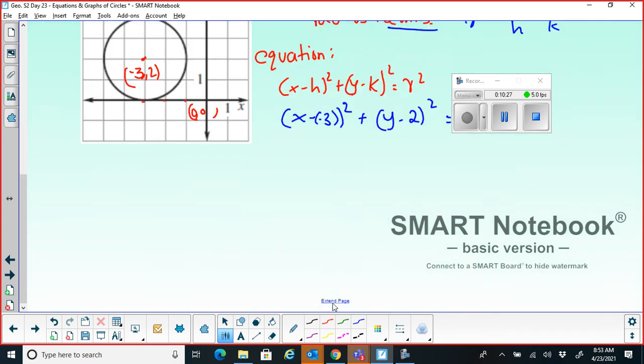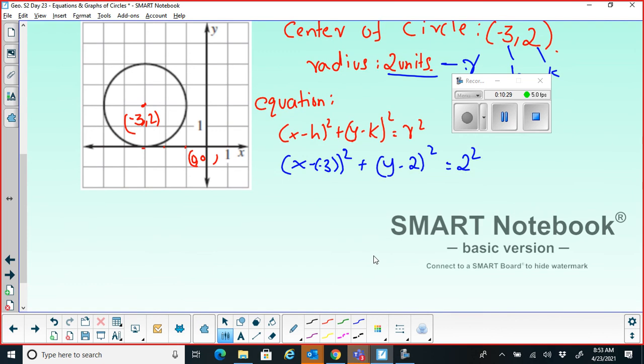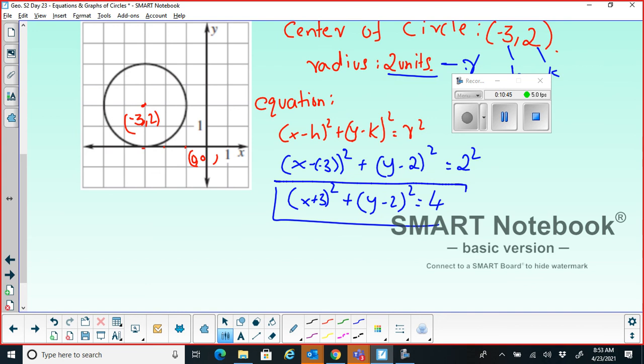Further, if I simplify this, x minus of negative 3 is nothing but x plus 3, so (x plus 3) whole square plus (y minus 2) whole square equals 2 square, which is 4. So this is the equation of the given circle.